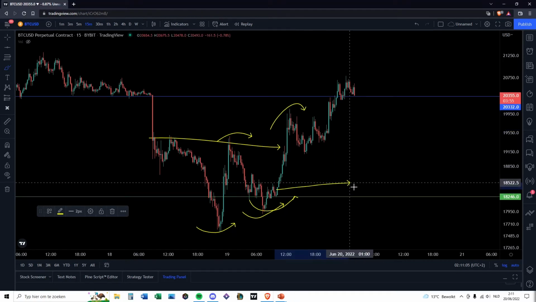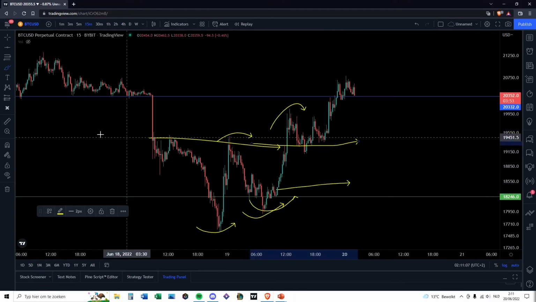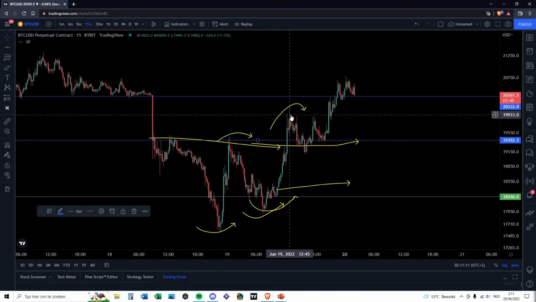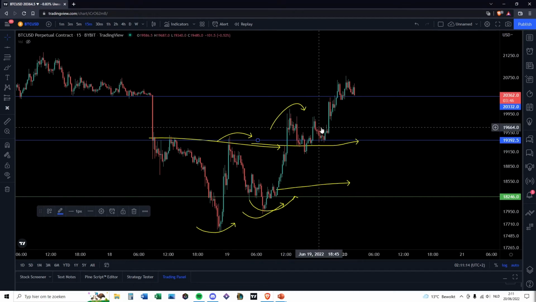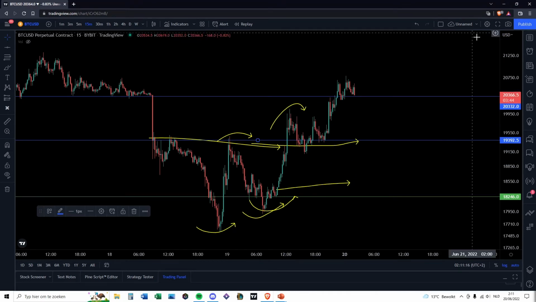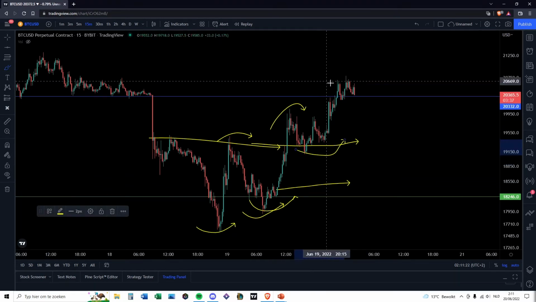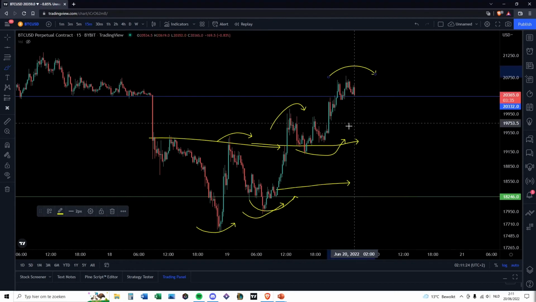Maybe it would have been here, but now it was here because of the support level, because we broke the resistance and made it back to support, and so on. So that's how I do it. And now you have this one, you have a higher high, so now you want a higher low as well. So where would that be?